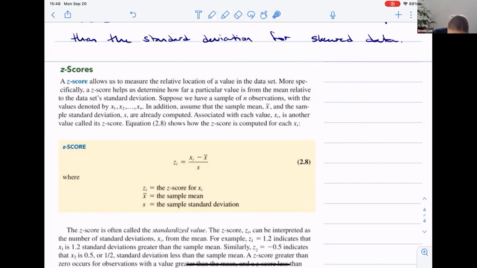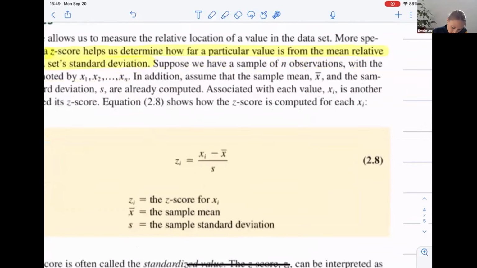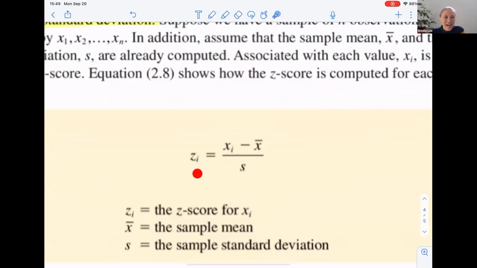A Z-score tells us how far an observation is from the mean, taking into account the spread. Z sub i means that we can calculate a Z for each data point, so each data point has its own Z-score, its own standardized value.